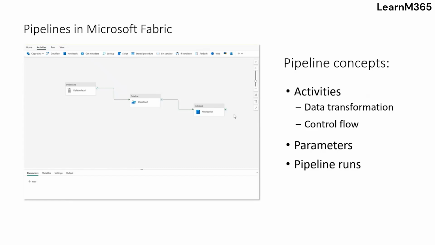Then we have control flow activity. We can use it to implement loops, conditional branching, or manage variable and parameter values. Then we have parameters. And we also have pipeline runs.